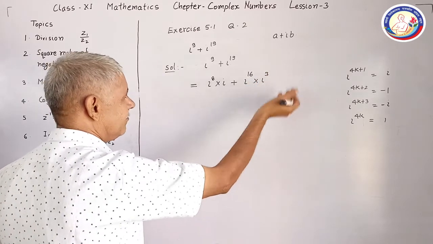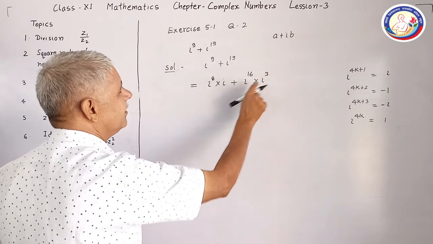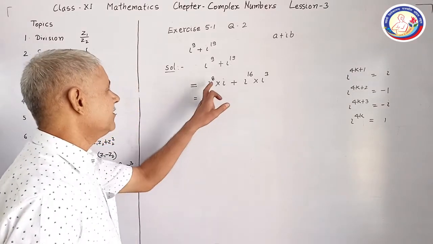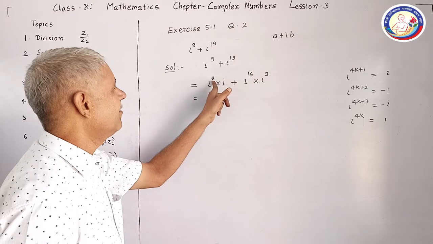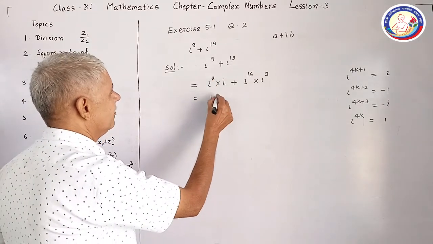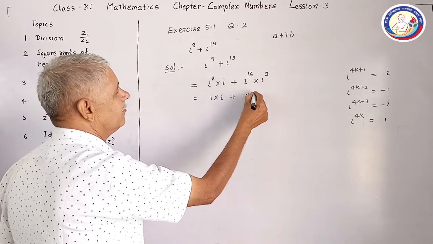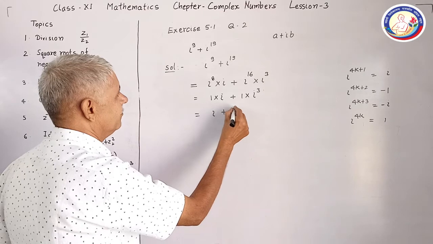This is a modified form of that previous solution, and it is very simple, because if the powers are in multiple of 4, its value is 1. So iota raised to power 8 is 1 into iota, and then it will be again 1 into iota cube. So iota plus iota cube.